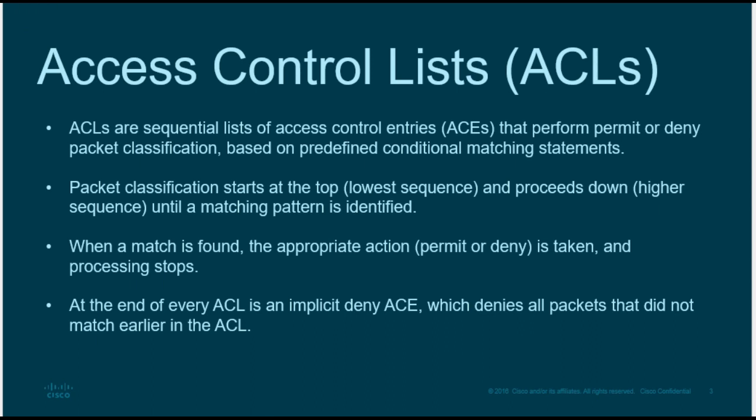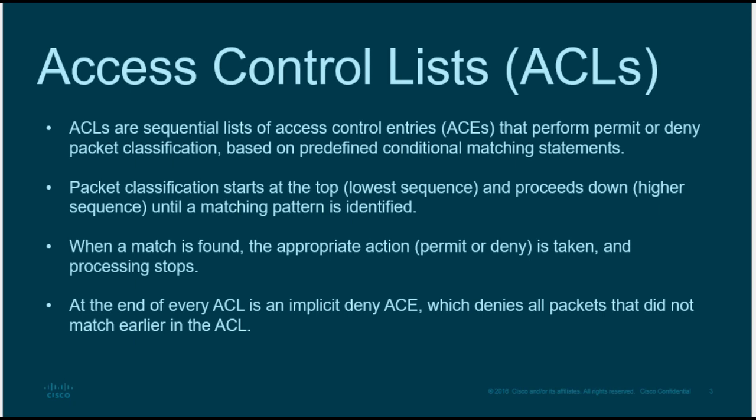Each of the statements has conditions and the rules should be matched. When a match is found, the appropriate action, either permit or deny, will be taken. Once a match is found, the processing of the sequential entries will stop.